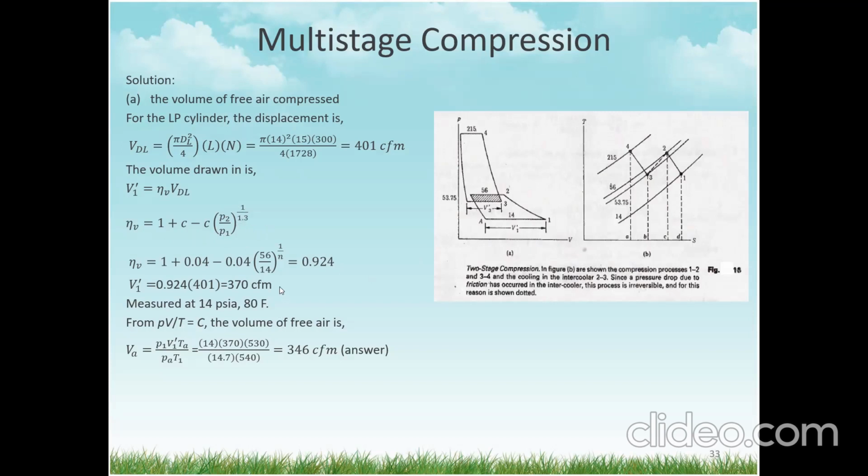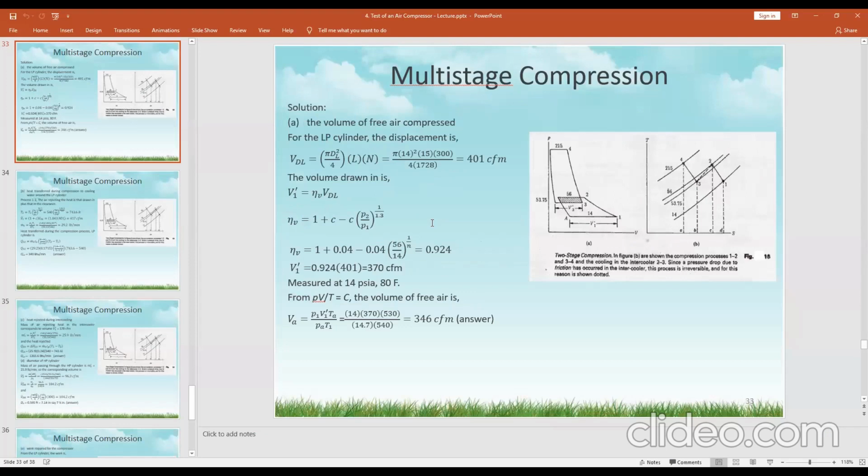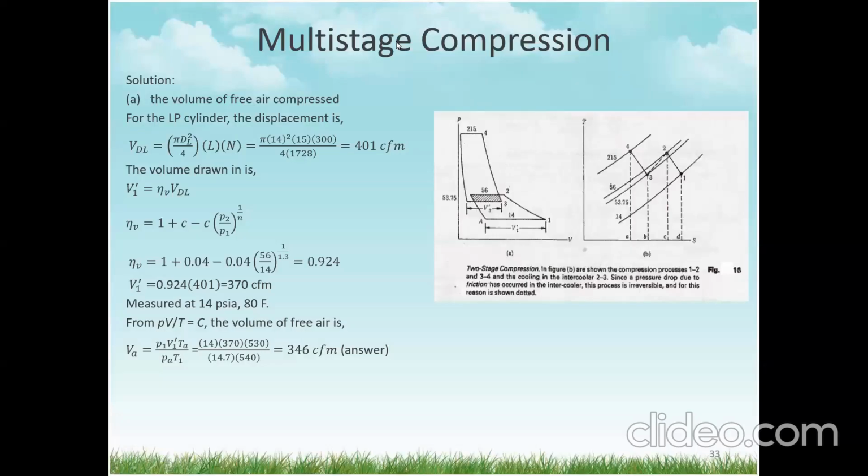Sorry, it was inverted. So eta sub V is equal to 1 plus 0.04 minus 0.04 times (56 over 14) exponent 1 over 1.3. No problem with units.